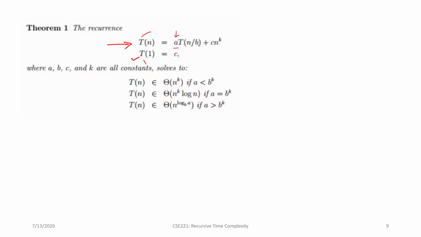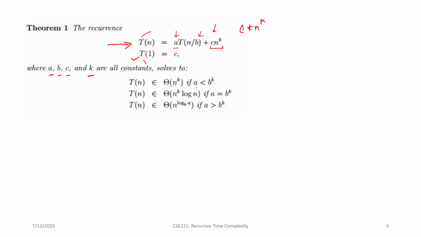This is an A, this is a B, and this part is written in a term C multiplied by n to the power k. Master theorem uses these variables A, B, C, and K to make the if-else logic.